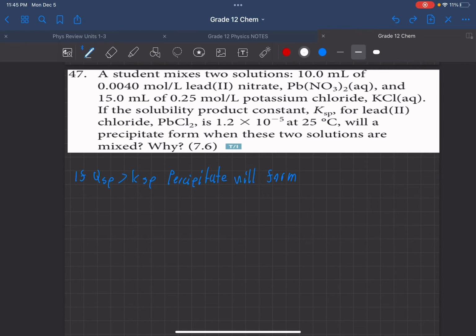Well, the first thing I'm going to do is write a balanced net ionic equation for these two solutions that we're mixing. So we have Pb(NO3)2 aqueous plus potassium chloride aqueous.